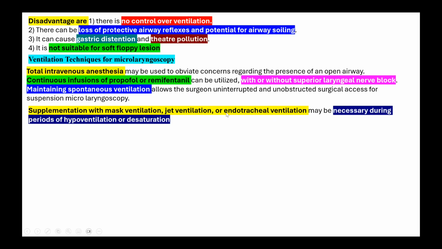These are all possible only if the lesion is small enough and we can finish the entire procedure within 15 to 20 minutes.